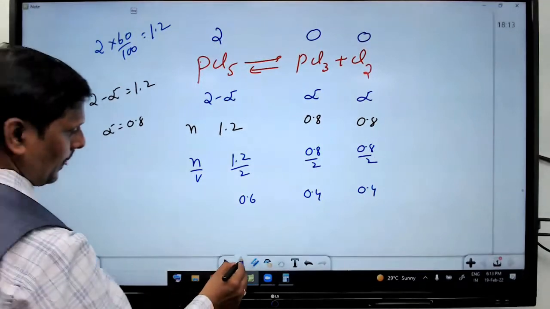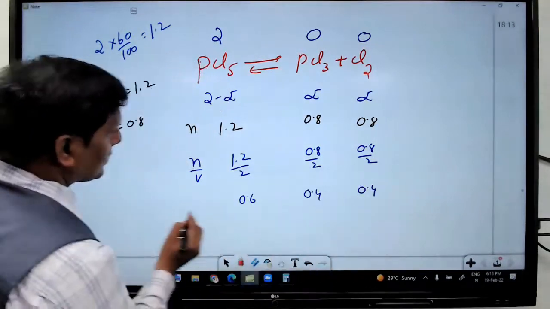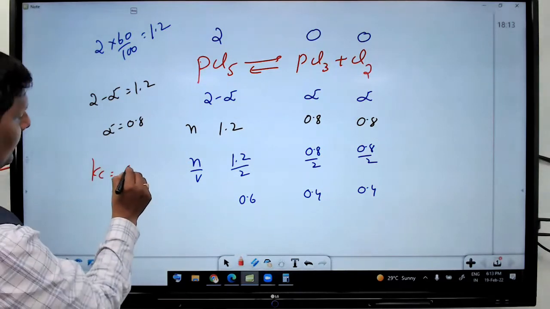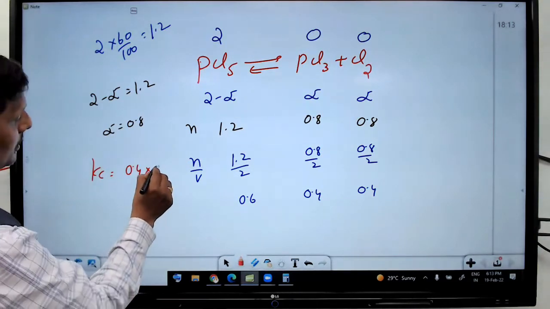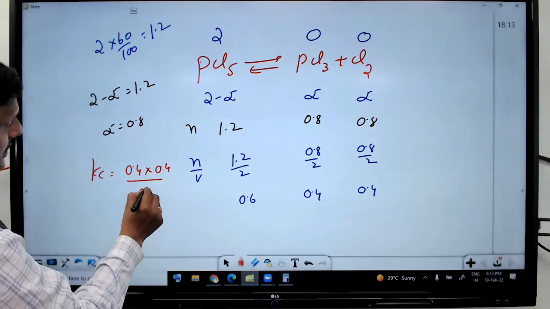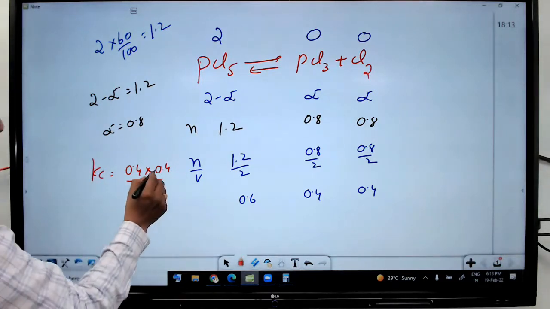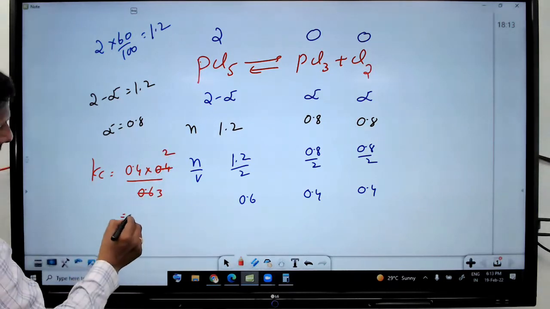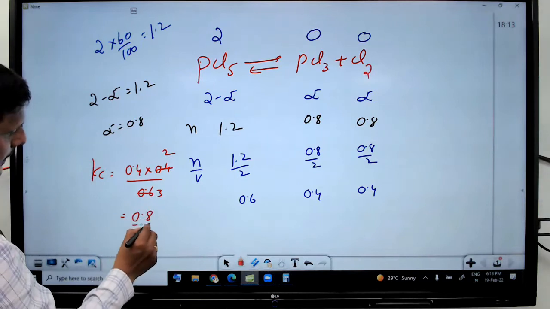Now Kc is equal to concentration of PCl3 0.4, concentration of Cl2 0.4, divided by concentration of PCl5 0.6. That is nothing but 0.8 upon 3.